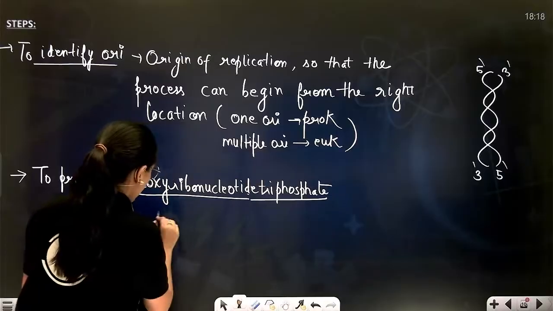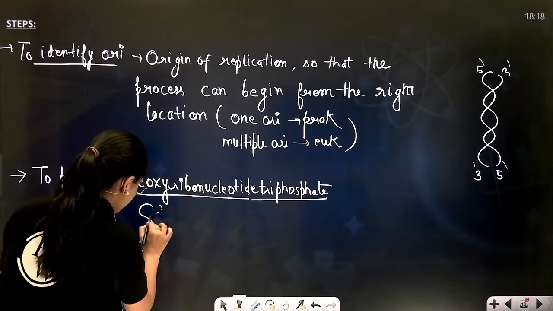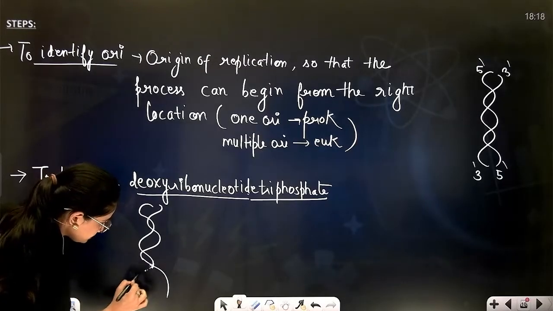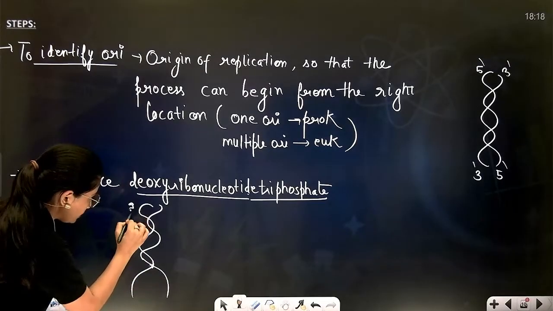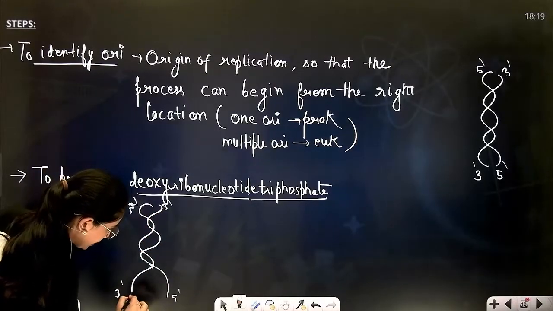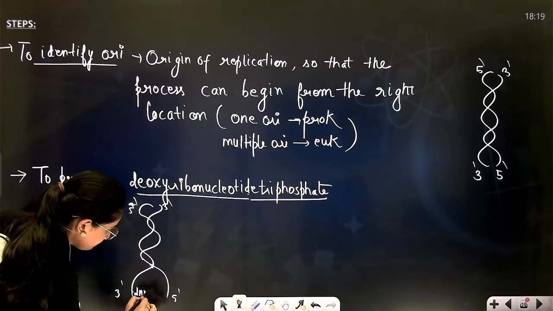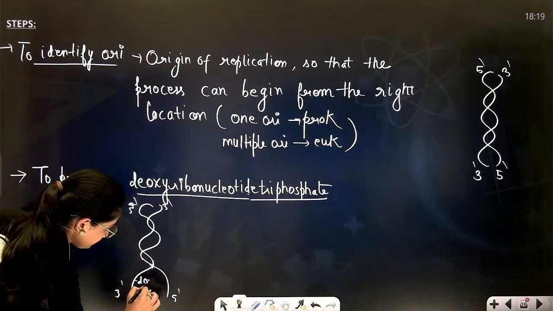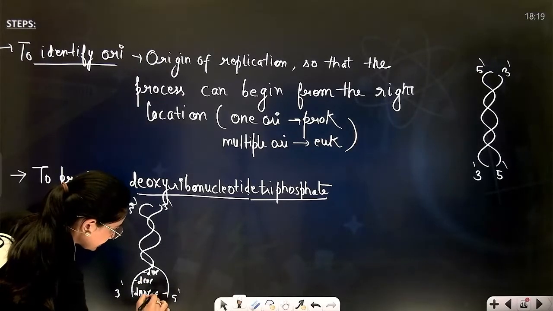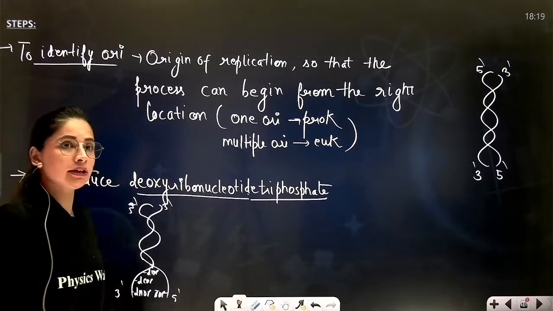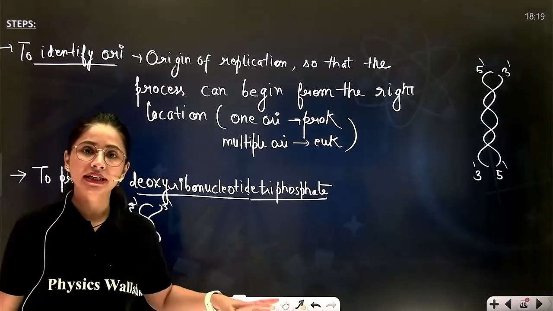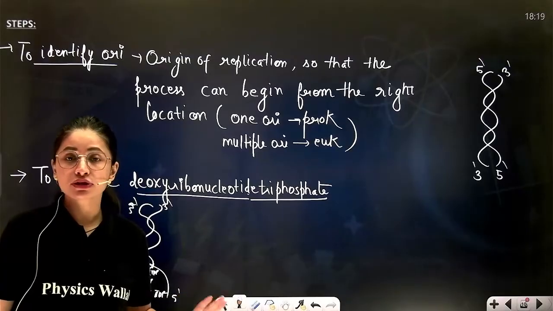I mean to say, initially this is the DNA strand. Now both the strands will be complementary, anti-parallel. Here will be deoxy ADP, CDP, TDP, and here the complementary TDP. Initially the nucleotides are present in diphosphate state, but which is not energetically active, so the replication process cannot start.